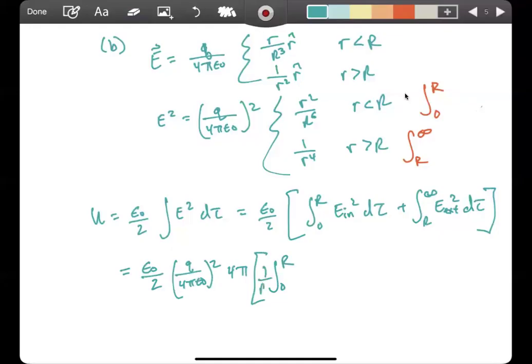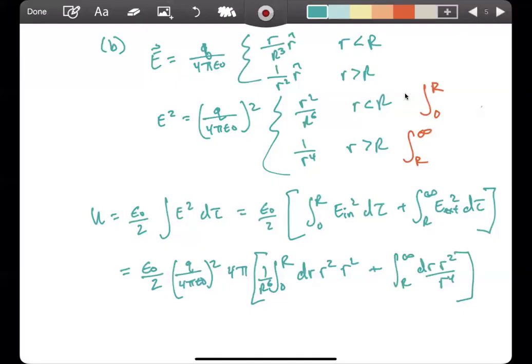I have a 1 over R to the 6th out front, and a dr, with R squared coming from the volume term, times R squared. Plus the exterior portion, which is just 1 over R to the 4th. So I'm going to have the integral from capital R to infinity of dr R squared divided by R to the 4th.